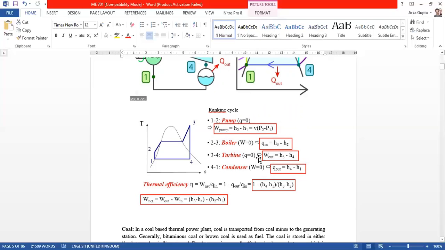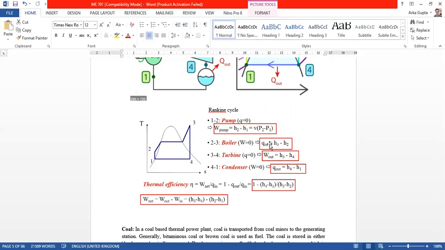So W output is H3 minus H4 and W input is Hf2 minus Hf1, divided by Q1. Q1 is the boiler heat input. Q1 is H3 minus H2.